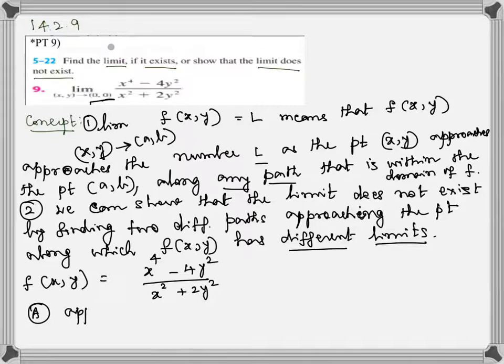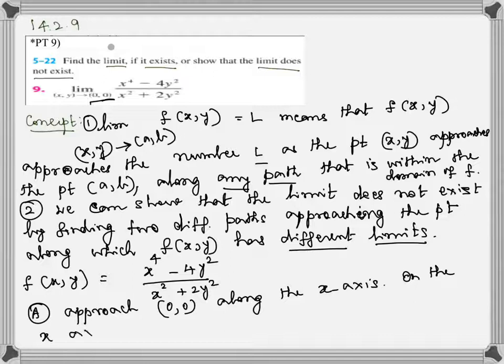So approach (0, 0) along the x-axis. Any point on the x-axis has some x-coordinate, but the y-coordinate is obviously 0. On the x-axis, any point is (x, 0).